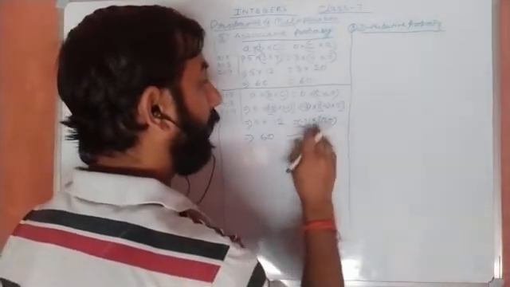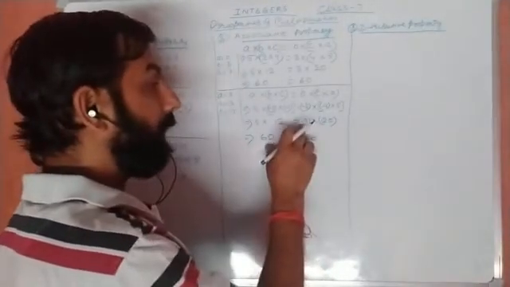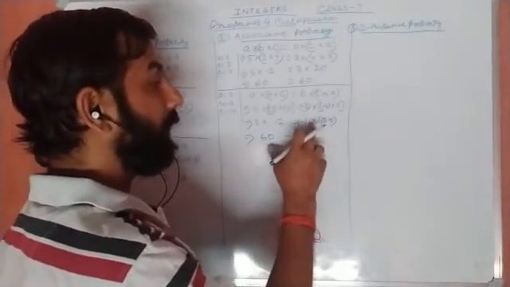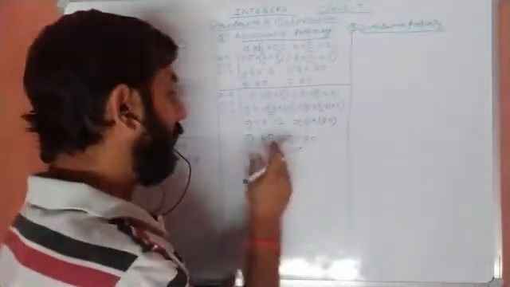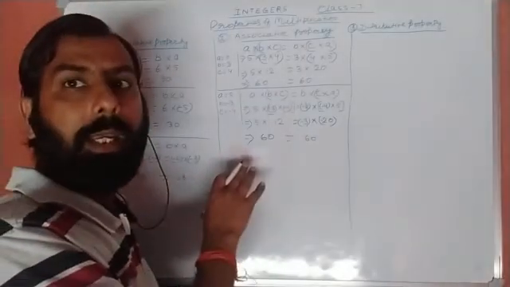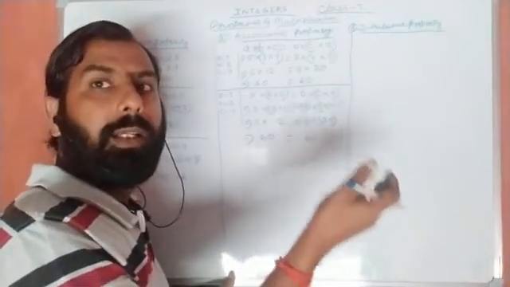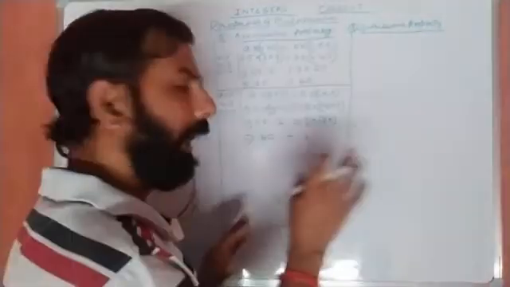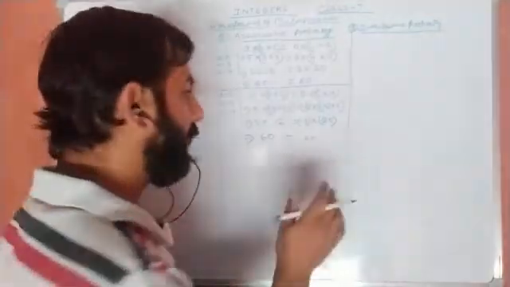Here also 23 are 60. Now here is minus, here is also minus, minus minus plus. It will be plus 60. The result is same, whether we multiply A into B, after that C, or C into B or A. Anyhow, if you are multiplying the 3 digits, the result will be same.